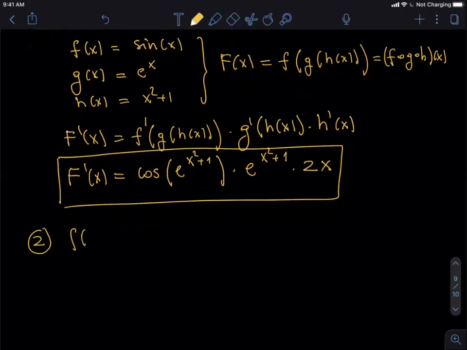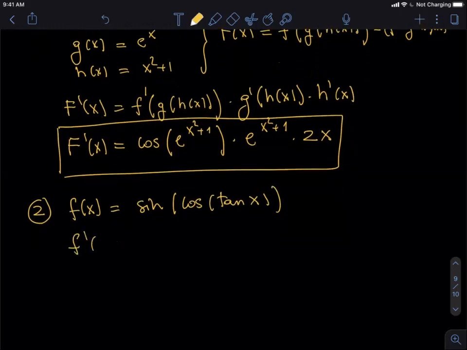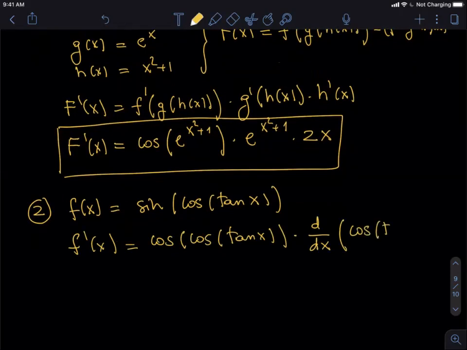Let's say we have the function f of x, which is the sine of the cosine of the tangent of x. Okay, so the derivative is going to be the derivative of the sine, which is the cosine evaluated in the cosine of the tangent of x, times the derivative of what was inside, the cosine of the tangent of x.